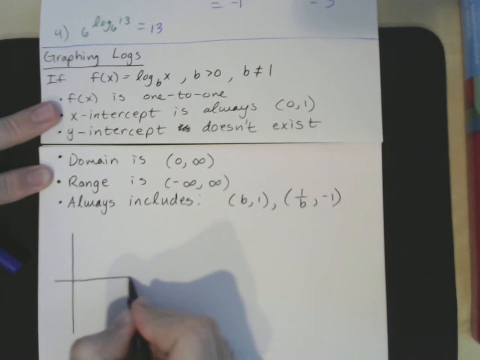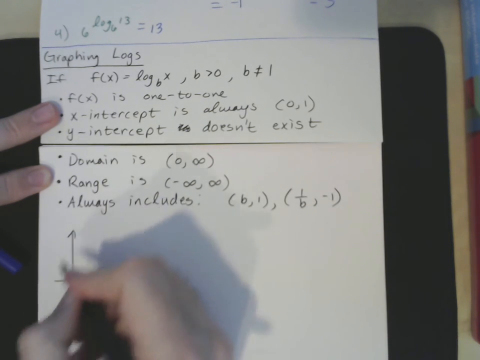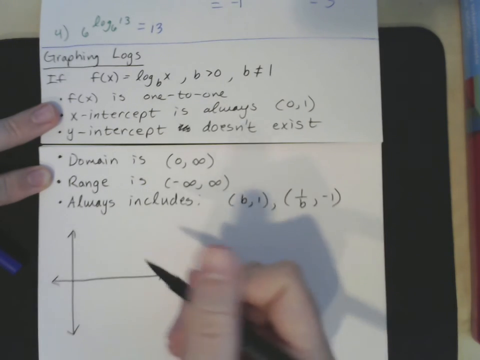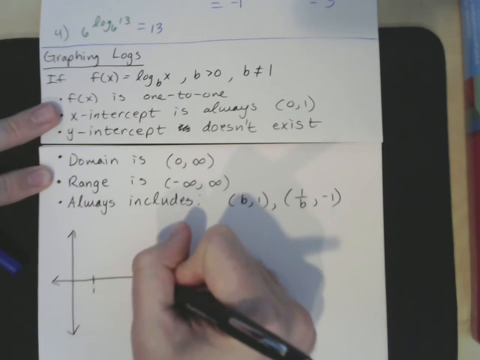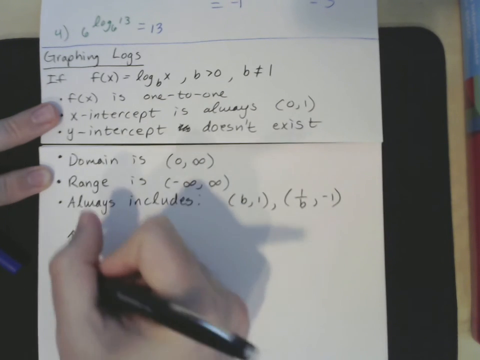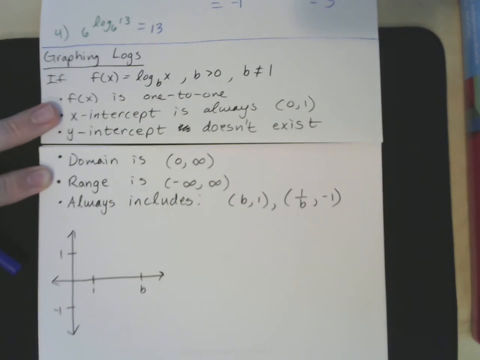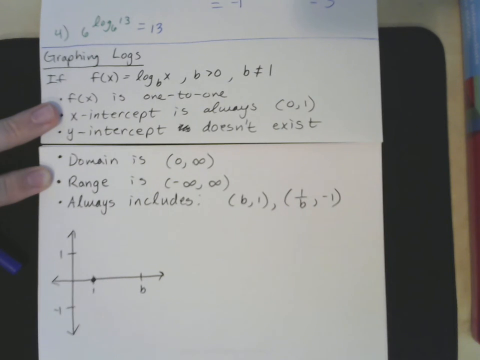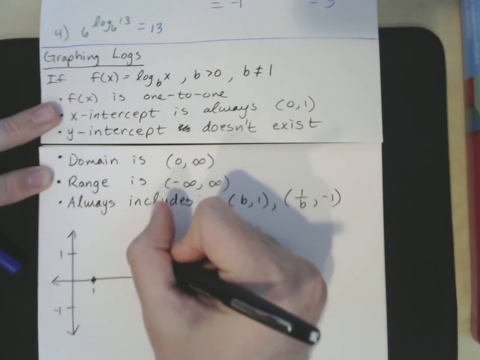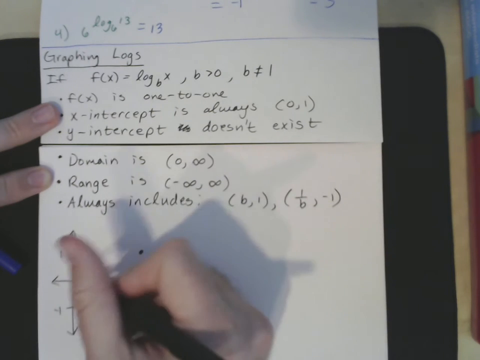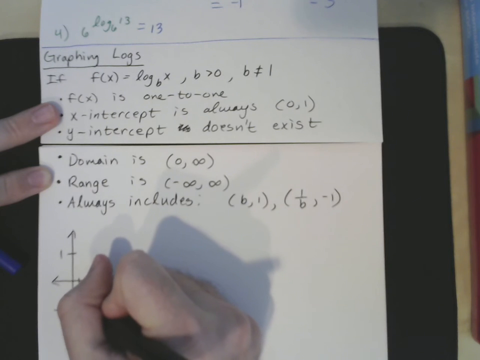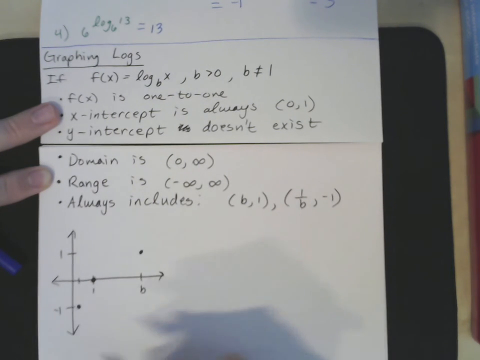So if we take a look at our graph, since our domain is 0 to infinity, I don't need to worry about negatives. And I'm going to put a 1 here, a b out here, negative 1, positive 1. So we always have (1, 0). We always have (b, 1). And then we always have (1 over b, negative 1), which I'll put here.